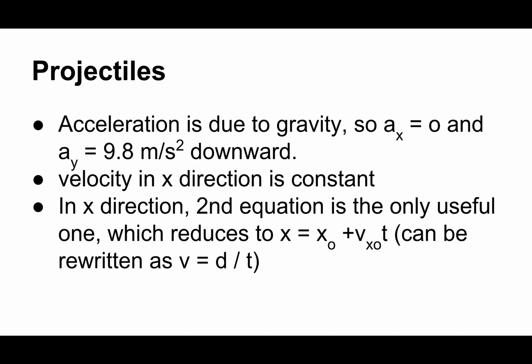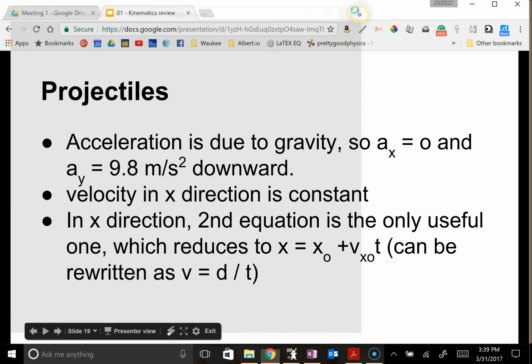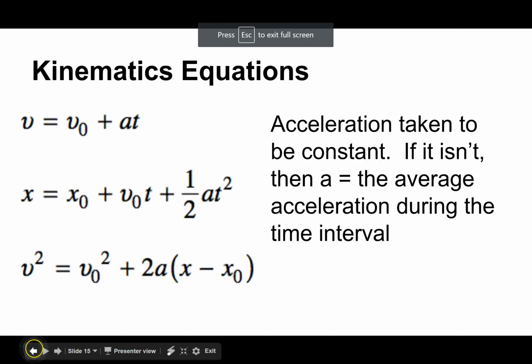In the x direction, with that acceleration being 0, the first and the third equation end up being really boring. In that first equation, if acceleration is 0, that equation says initial velocity and final velocity are equal to each other. Well, acceleration was 0, so I actually figured that out already.